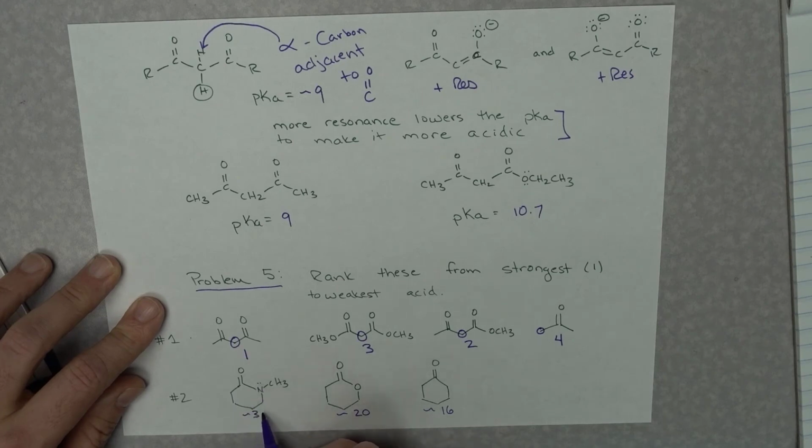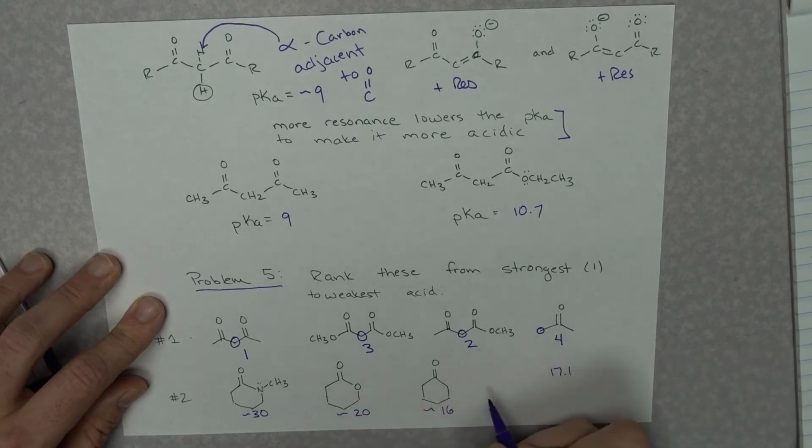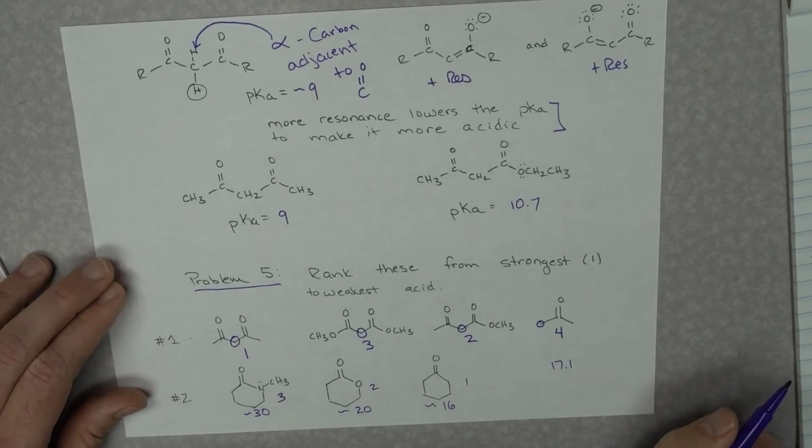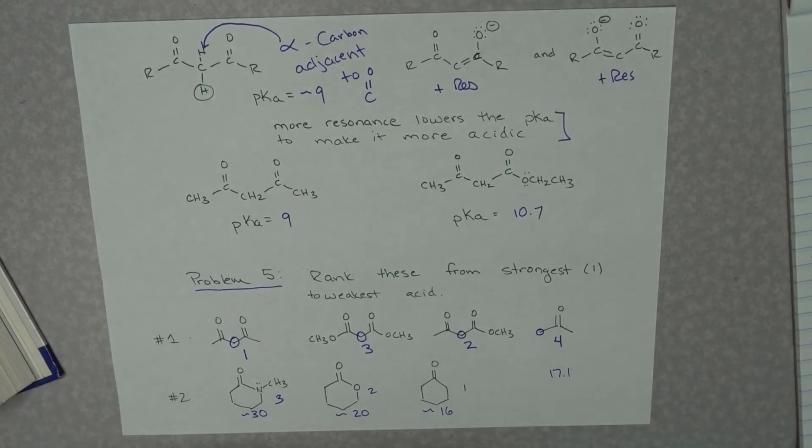This has a pKa on the order of 30. All of this you can get from looking at that table in 17.1. Which means this is our strongest, this is our second strongest, and this is our weakest. I hope that helps you a little bit with the acidity and pKa's, and we're going to use that information as we look at how these things react moving forward.